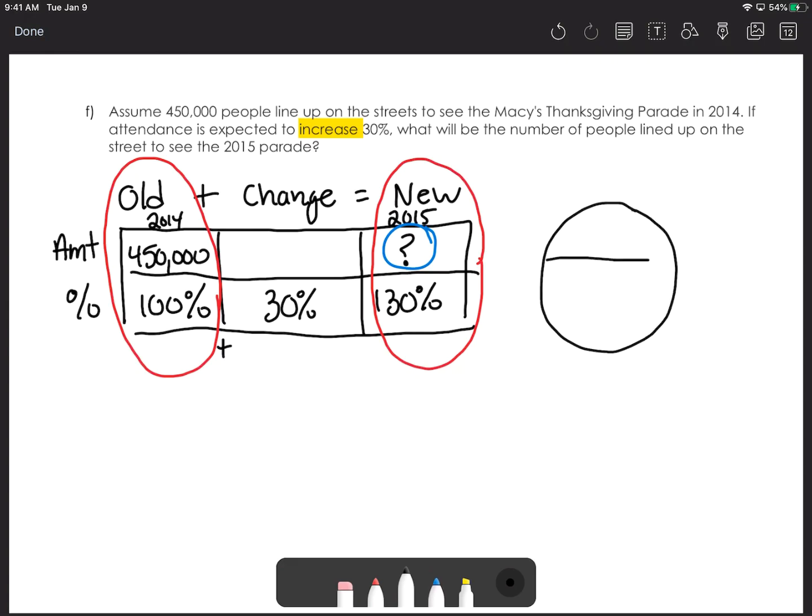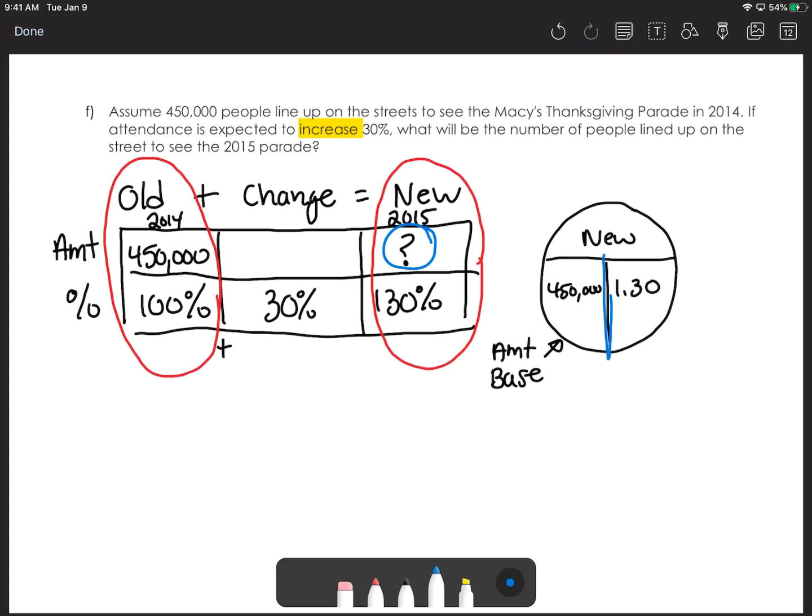So in my circle, I always put the amount of the base in this bottom left corner, which is 450,000. The new is what we're looking for, and then the rate goes down here. The 130% as a decimal would be 1.3.